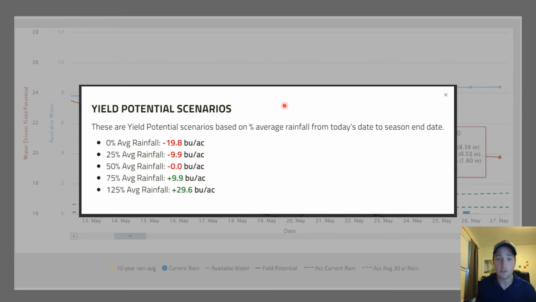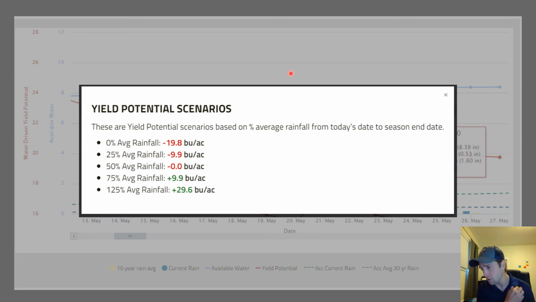Another interesting application here is the rainfall scenarios. The number I just showed you is assuming 100%. So let's say from today, that grower received 0 rainfall. How would that affect their water-driven yield potential? This model is suggesting that from today, if this field received no rain, then the yield potential for this durum would be negative 20 bushels an acre of that yield goal.